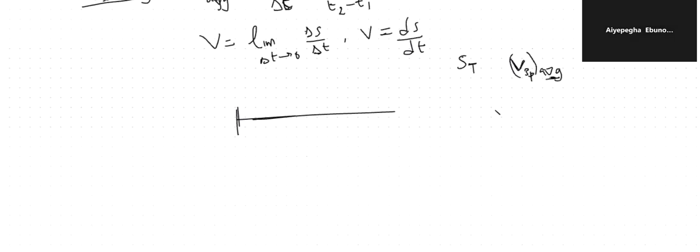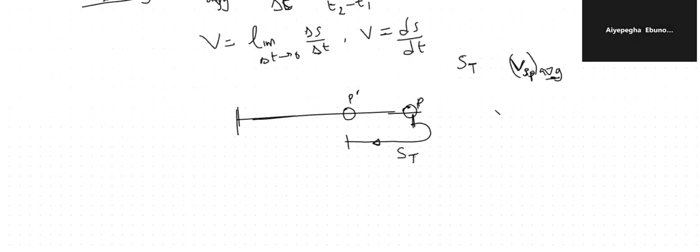So if my particle was here initially, and the particle is now here, we are simply saying that the total distance, or let me say the length of this path, that's our ST. That's the total length of the path.